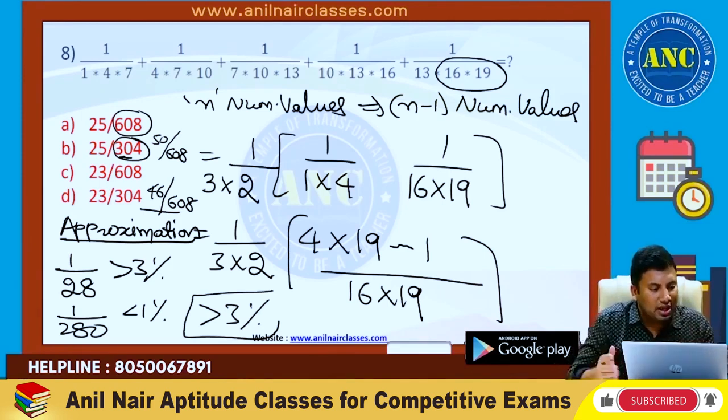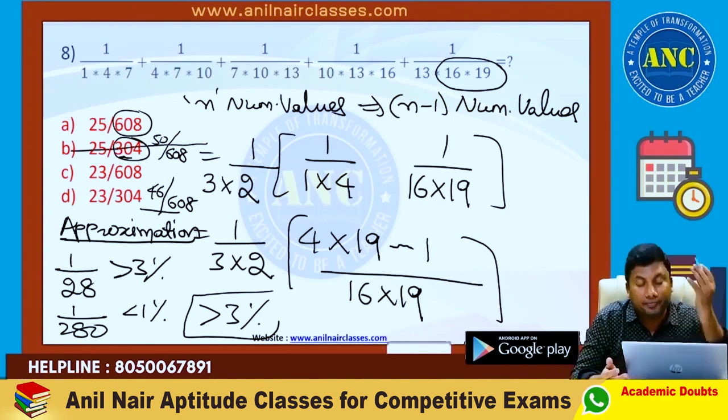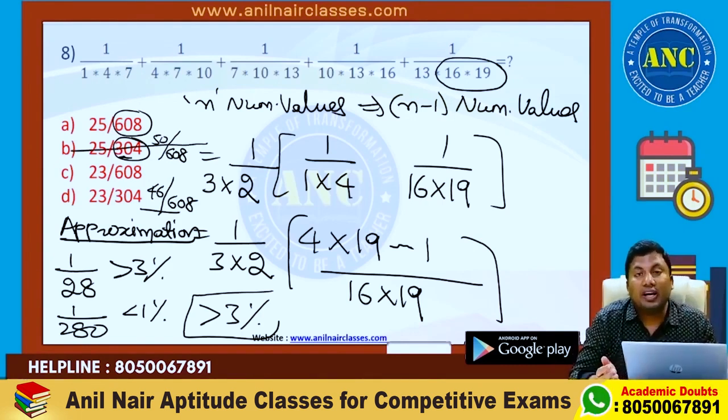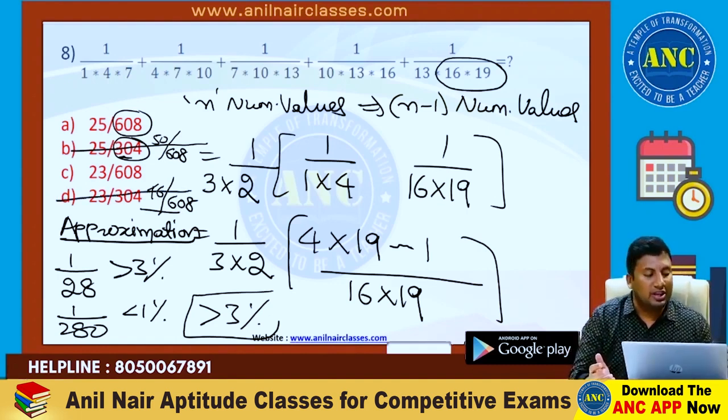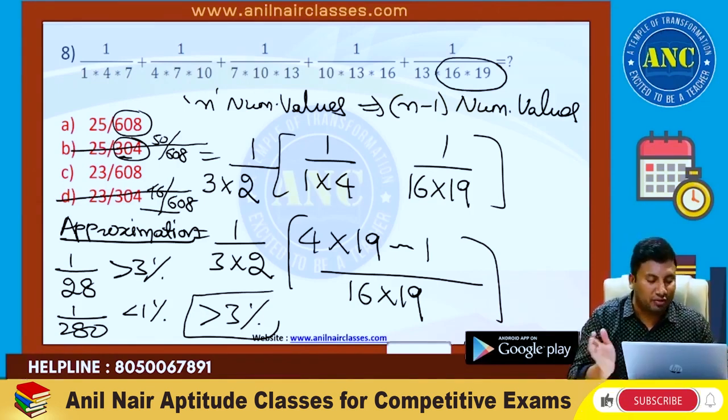Now if you see 1% of 608 is 6. 6 8s are 48. It is greater than 8%. These are also greater than 7%. These are nothing but 4 point something, 6 4s are 24. Around 3 to 4 the value is getting oscillated. It is greater than 4.